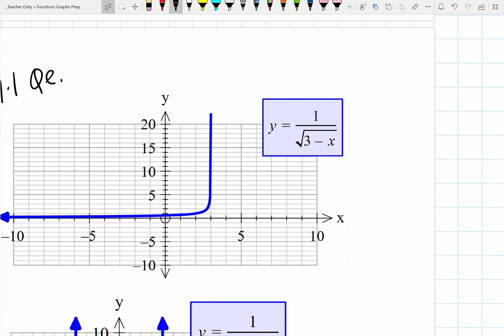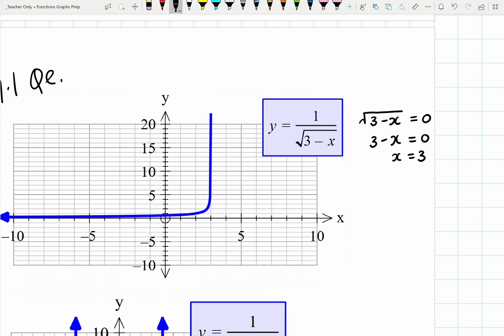We know that the denominator can't equal 0, so when the square root of 3 minus x equals 0, we're going to have an asymptote of some description. It's going to be undefined. So if we just look at that, we can square both sides, and then x equals 3.